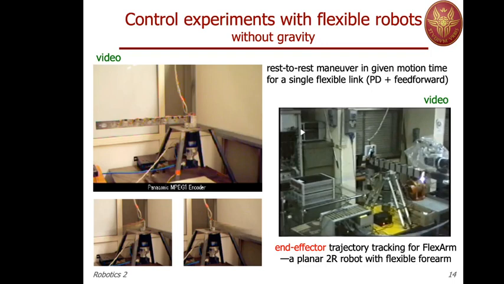So we have done a number of experiments. This is quite an old piece of research conducted in our lab. And I would like to present you only one particular extension, dealing with a flexible robot that we have designed and built in our lab in the 90s.